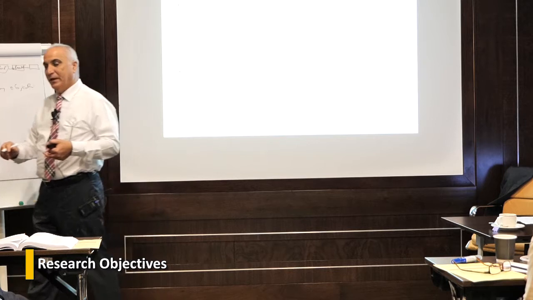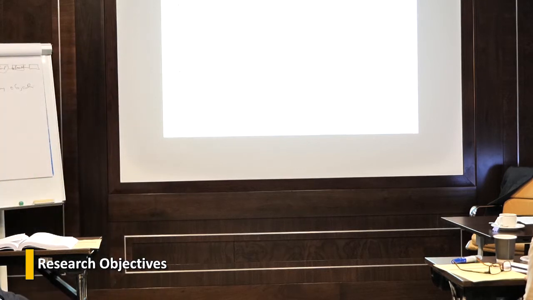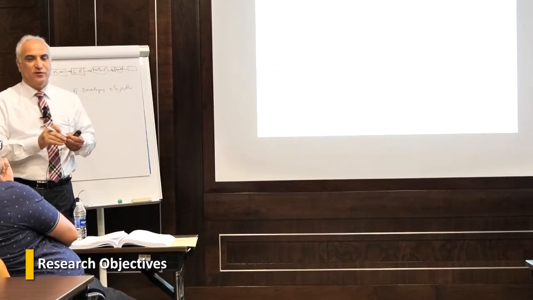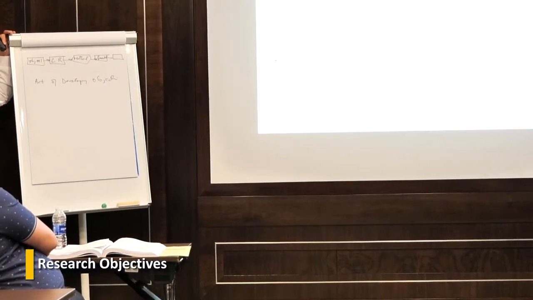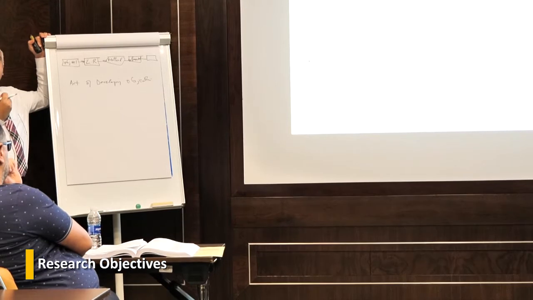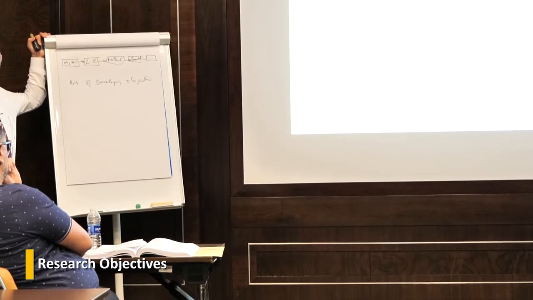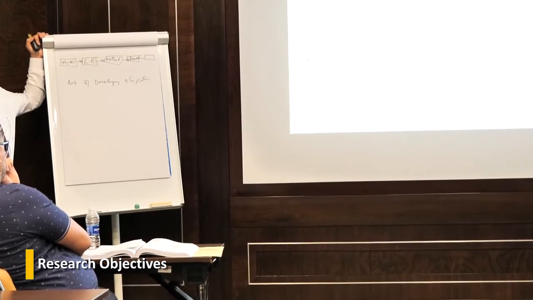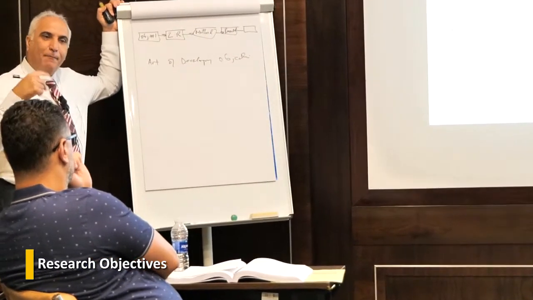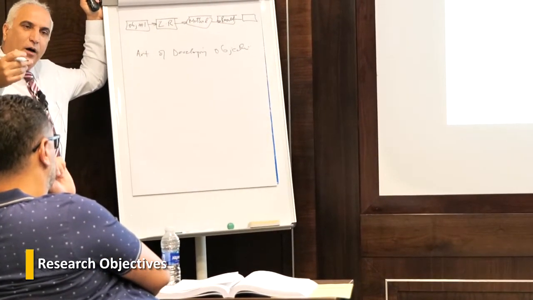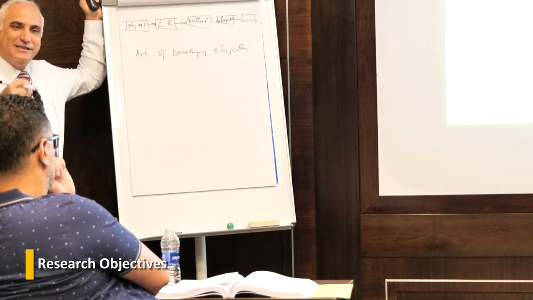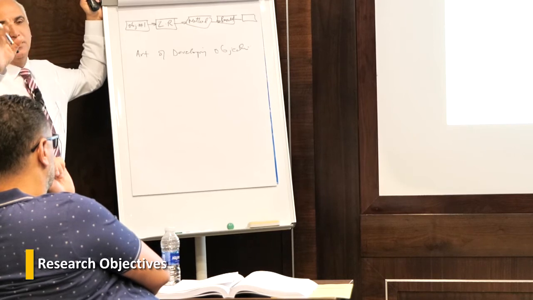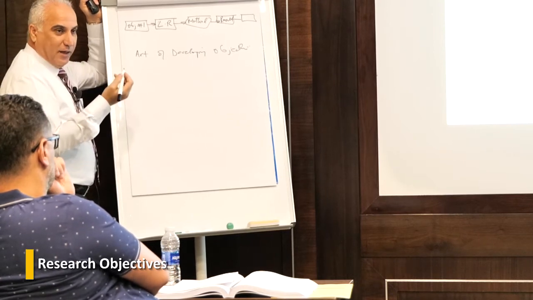Now, in a book I will give you tomorrow, you will see this on page number 46. All right? This is a study looking at the applicability of organizational citizenship among Chinese workers.